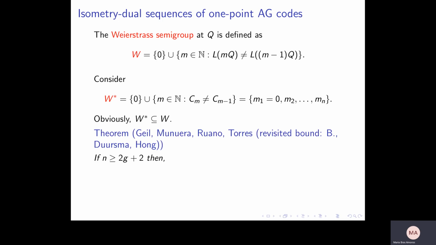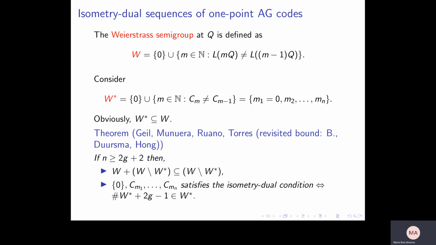And we have a nice theorem by Olaf Geil, Carlos Munuera, Diego Ruano, and Fernando Torres, which states that if n is at least twice the genus plus 2, then the complement of W star in the Weierstrass semigroup satisfies that if we add an element of the Weierstrass semigroup to an element of this complement, we obtain again an element in this complement.